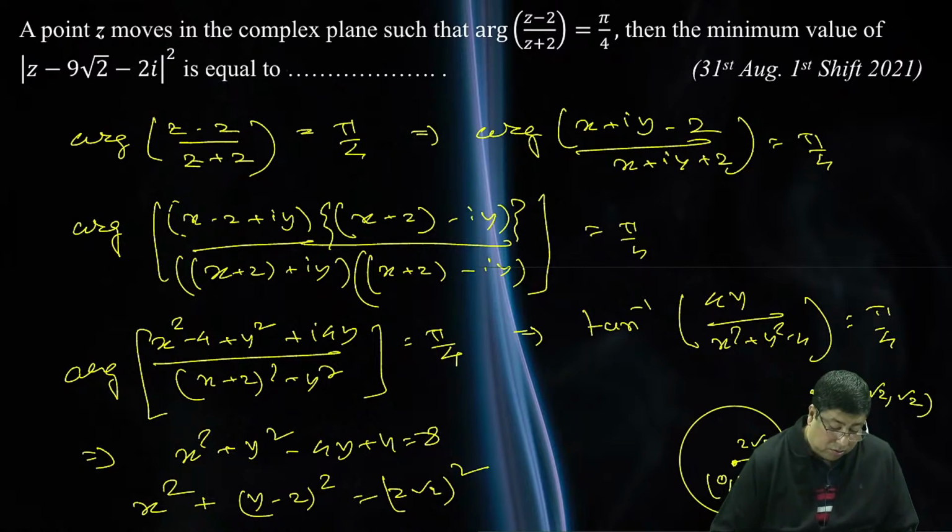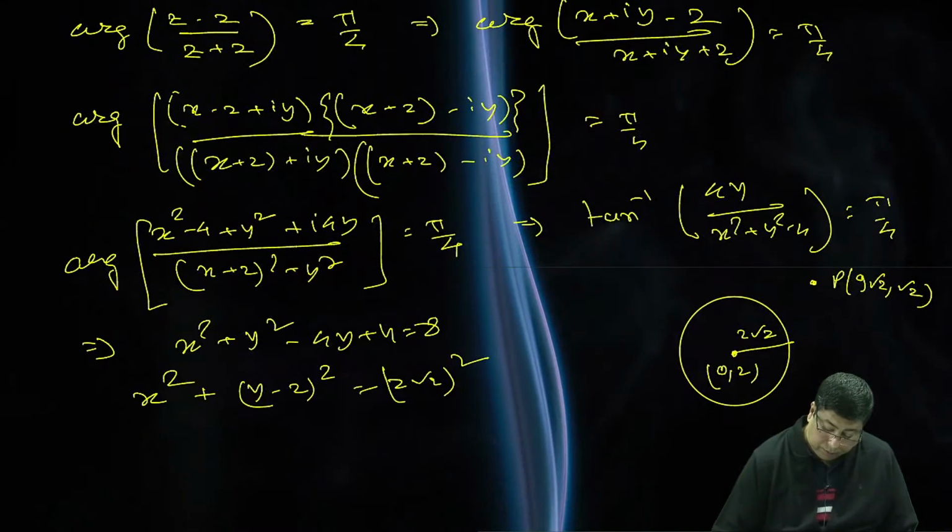We have to get the minimum distance. It means the point should be here, this distance is needed.